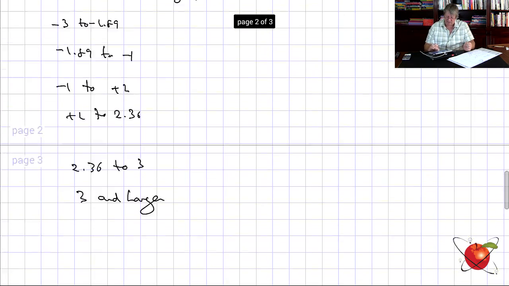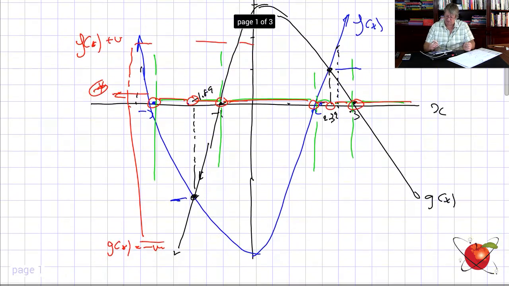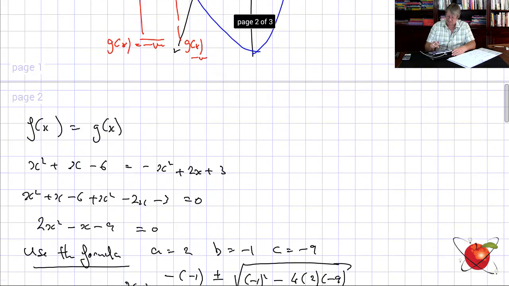Continuing, we're now going to look in the next piece. In the next piece, if I put in, let's say a value over here, f of x is going to be negative, and continuing down, g of x is also negative. So let's go back to our table.